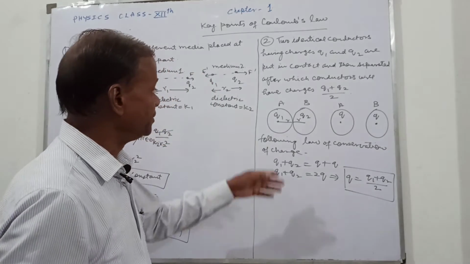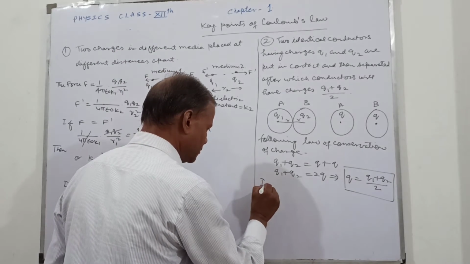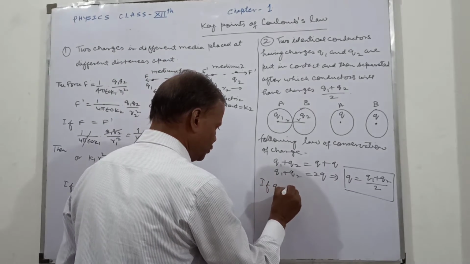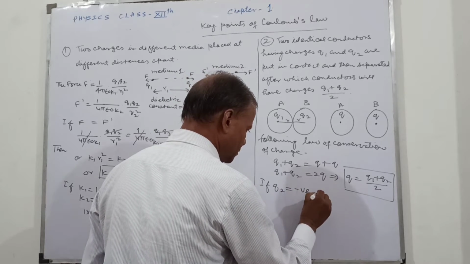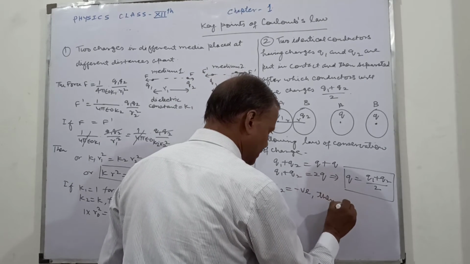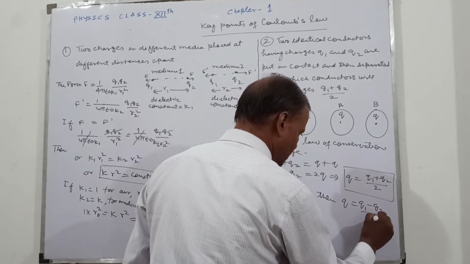Suppose one of them is given the negative charge, if Q2 is negative, then Q is equal to Q1 minus Q2 upon 2.